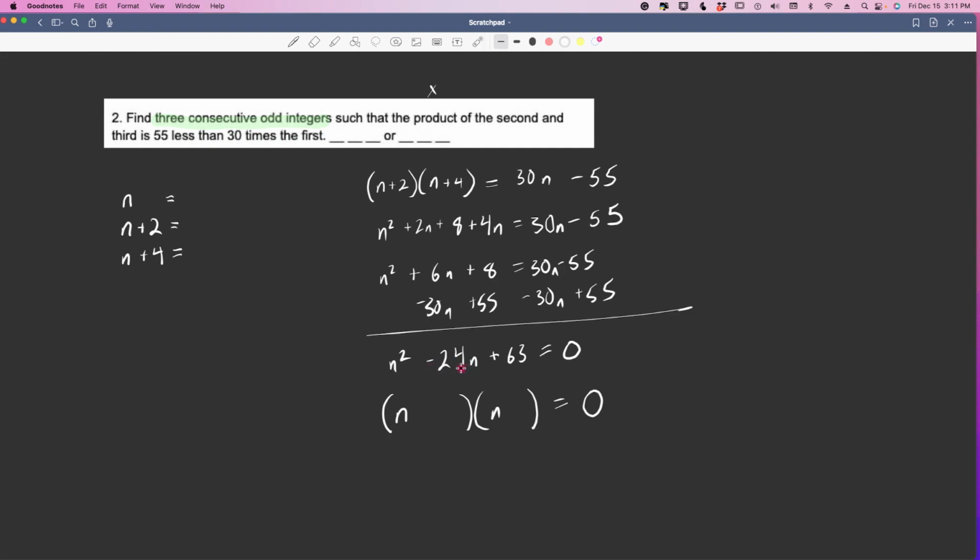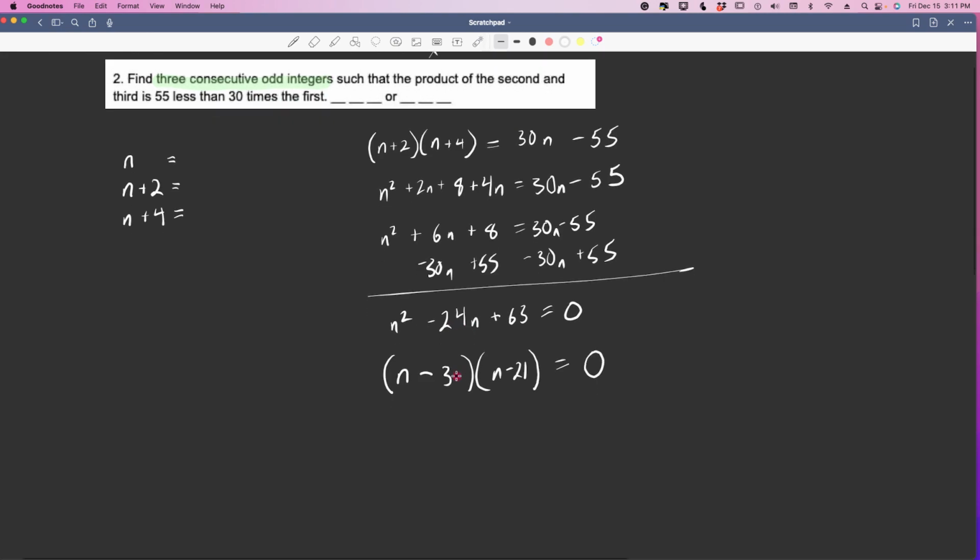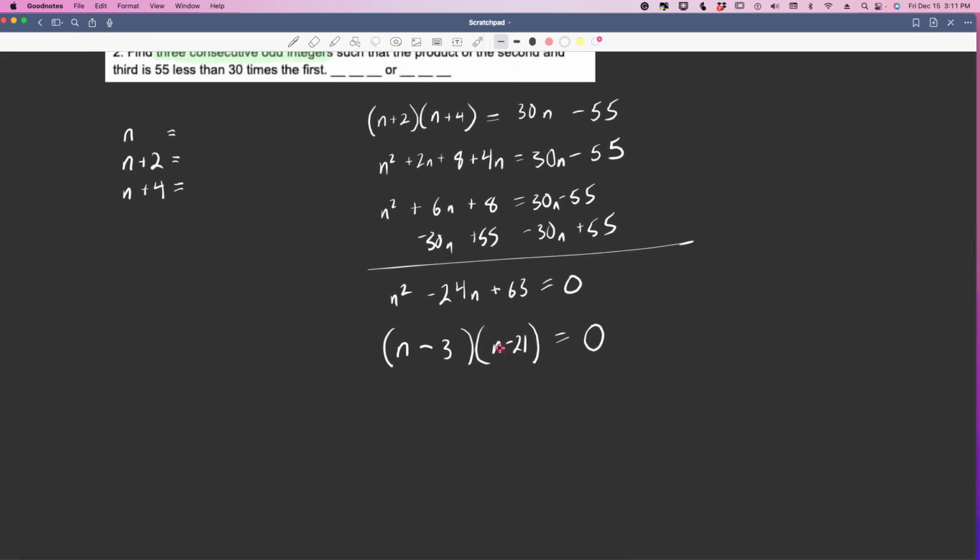But if they're both negative, then I get a negative 24. So minus 3, minus 21. Negative 3 times a negative 21 gives me a positive 63, but a negative 3n and a negative 21n gives me a negative 24n. So these are my two possible roots.